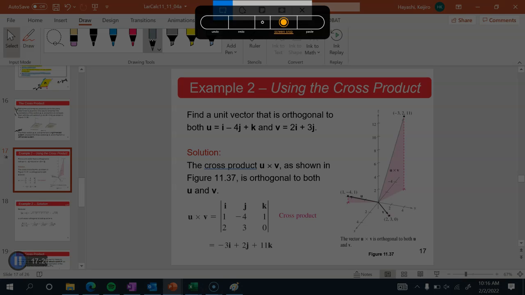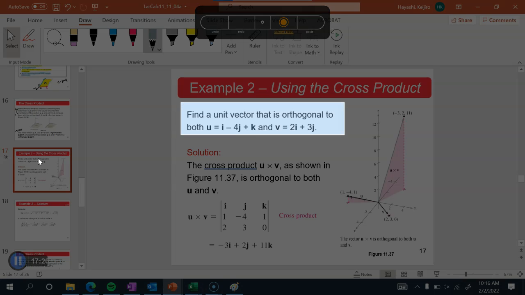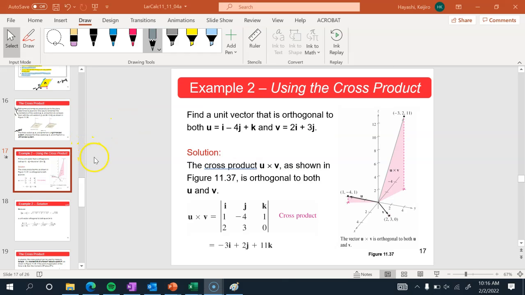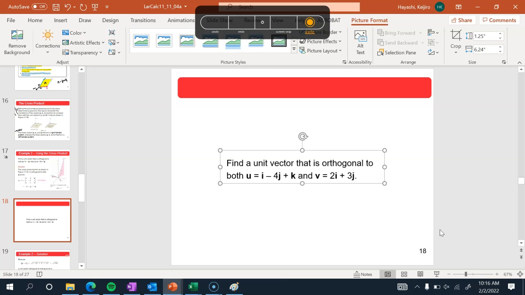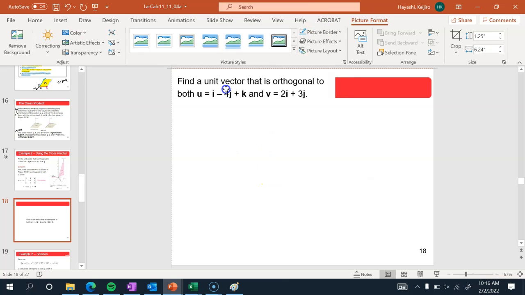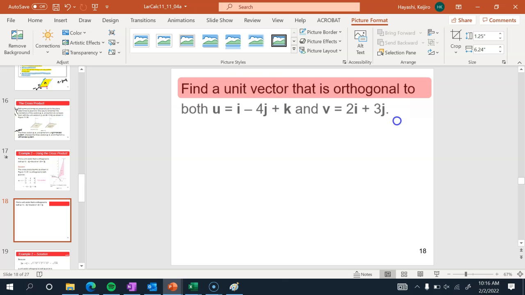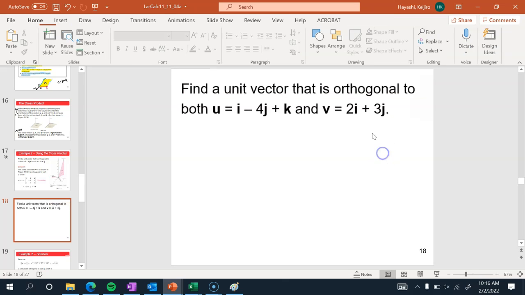All right, so find a unit vector. So first, a unit vector is a vector with magnitude 1. You find unit vectors by first finding a vector that goes in the direction you want, and then dividing that vector by its own magnitude to shorten it to a length of 1.